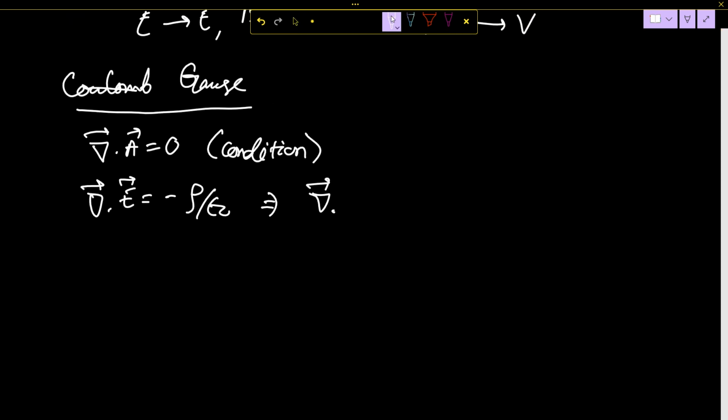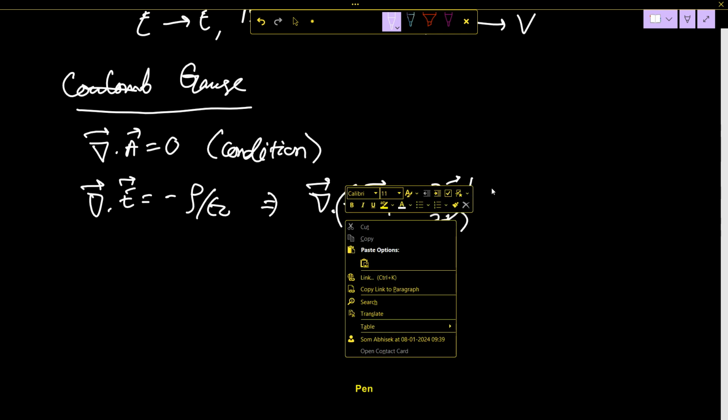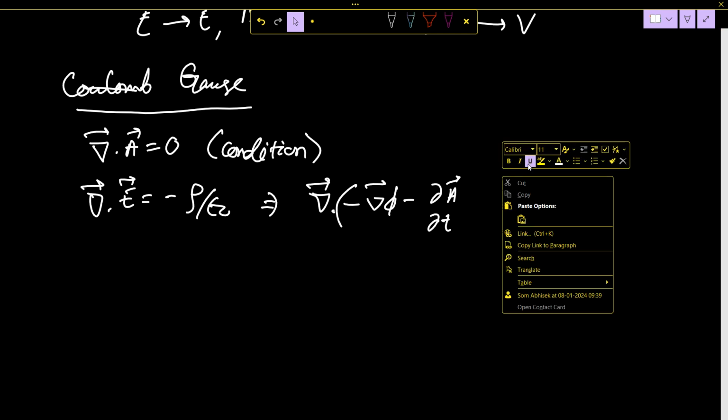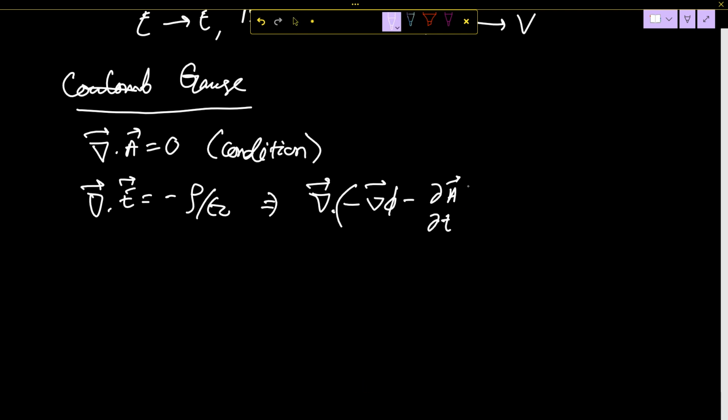Put it here. So it will be del dot of minus del phi minus del A by del T is equal to rho by epsilon naught.